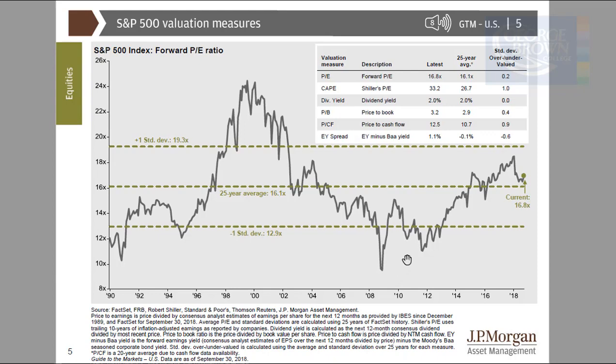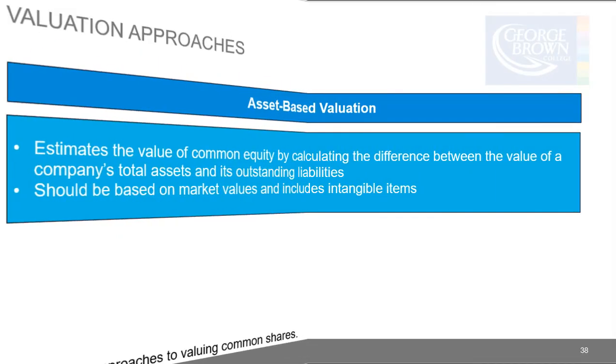Therefore, based on historical averages and a reversion to the mean, you could expect the market to come back up. The stock market has had a strong run up since the trough in 2009, but if we look at the current PEs, it doesn't look particularly overvalued based on this chart.